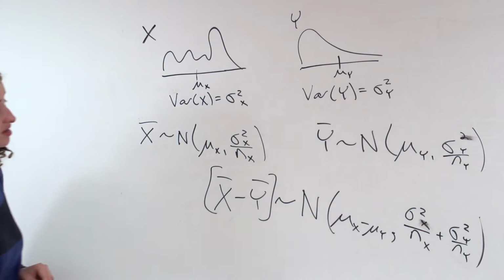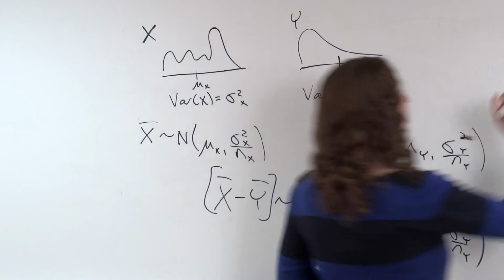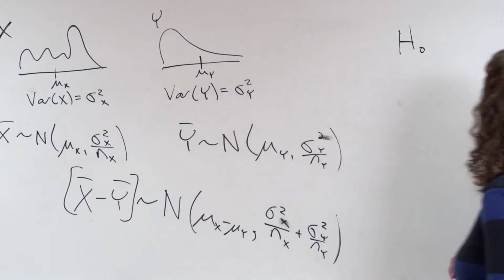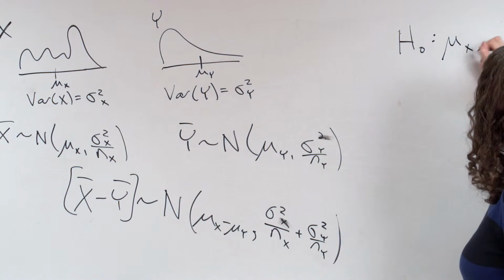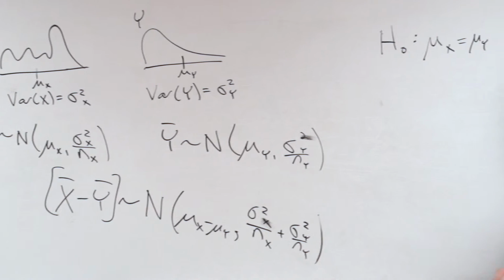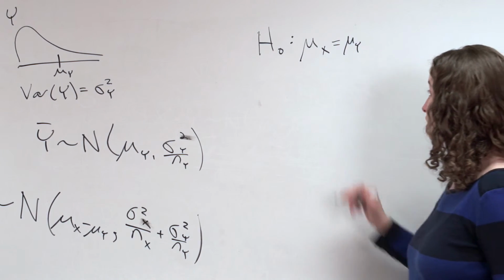So now we could exactly do a z-test. If we wanted, we could set our null hypothesis and directly use x bar minus y bar as our test statistic. So our null hypothesis typically is that mu x is equal to mu y, that the two populations have the same mean. Typically, we're looking to see whether our data contradicts the possibility that the two groups have the same population mean.